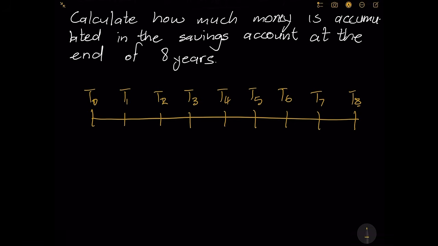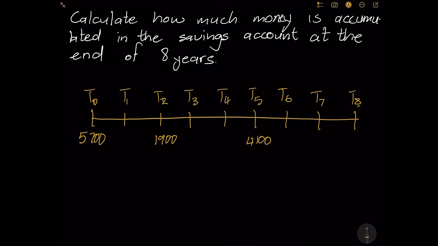Right, so first of all, there was an initial deposit of 5,700, if I remember correctly. Then they told us that after 2 years, we added 1,900. So in year 2, that's 1,900 rands. And then we also had another deposit of 4,100 rands 5 years after the initial investment.